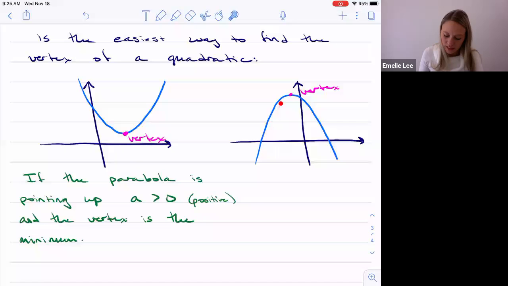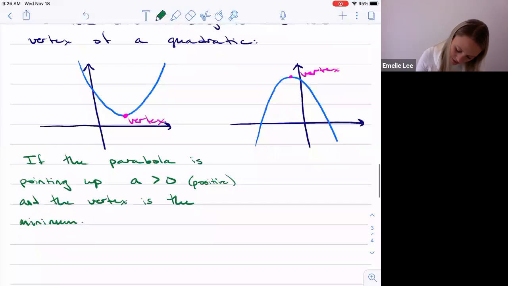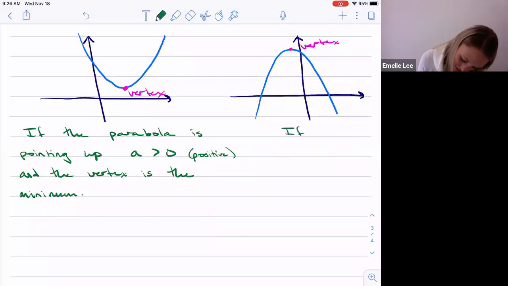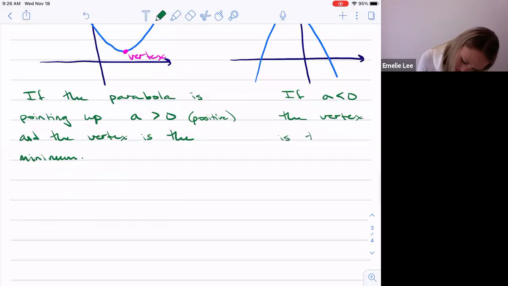But now it's pointing down, so A must be negative. And now it looks like the vertex is at the top of the mountain, so it's at the maximum. Whereas if A is less than 0, the vertex is the maximum.